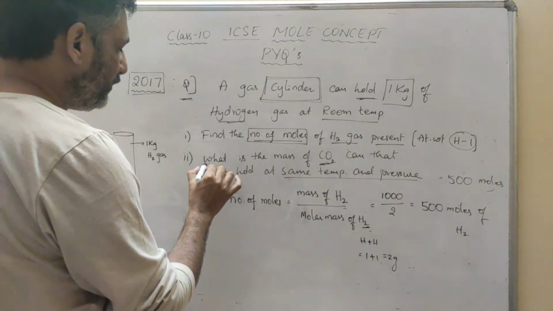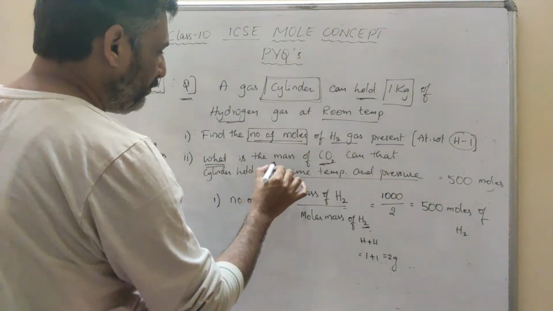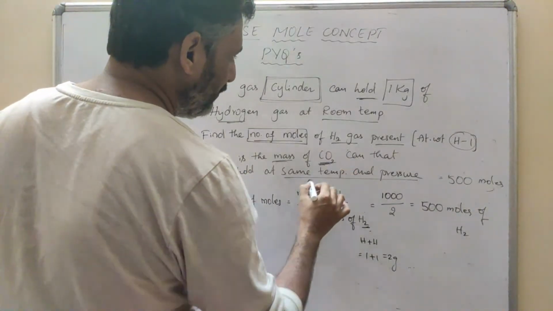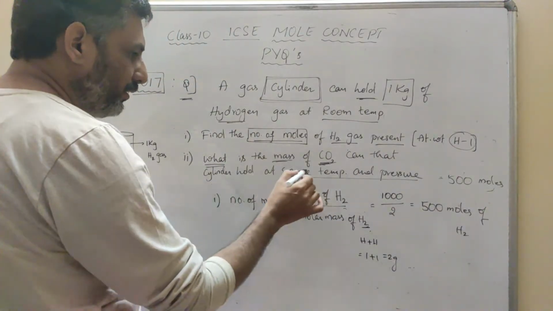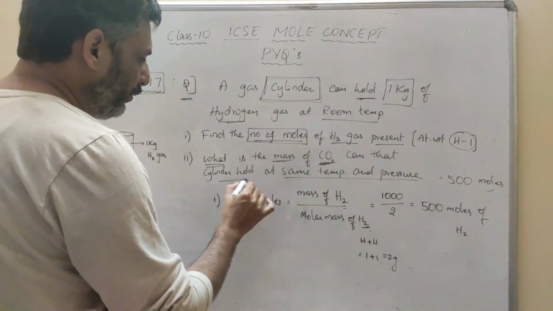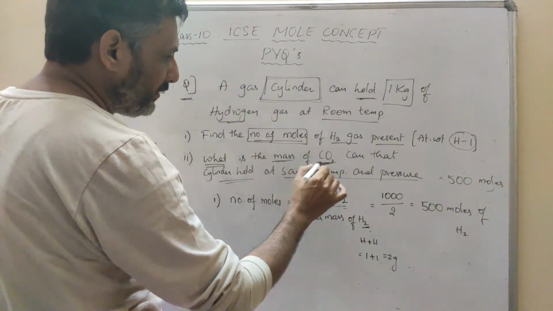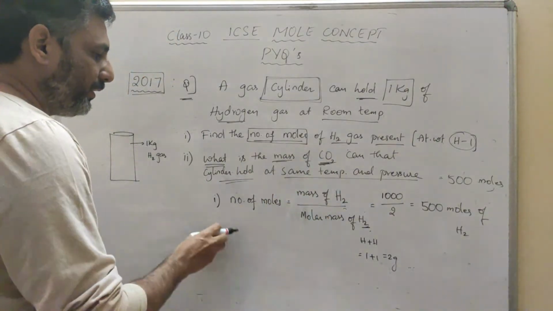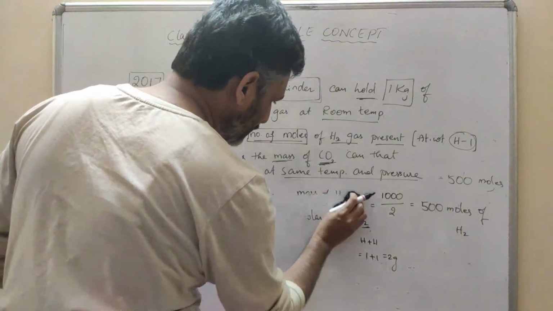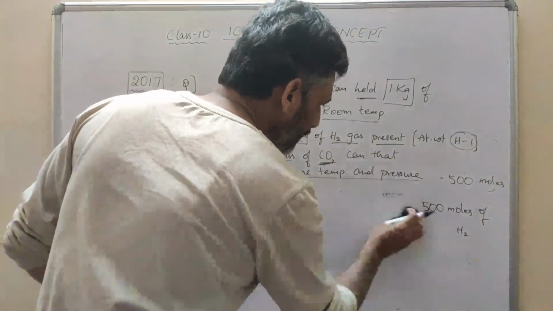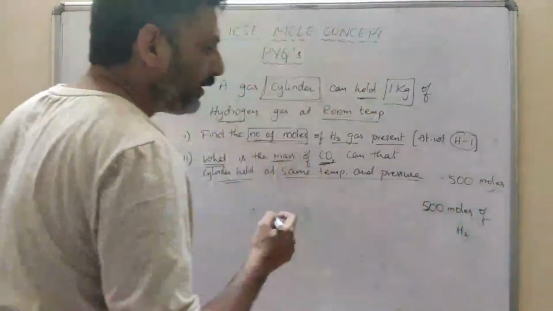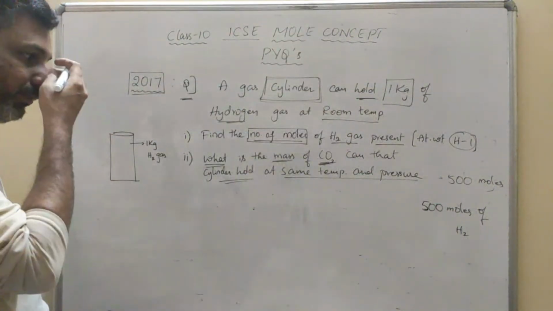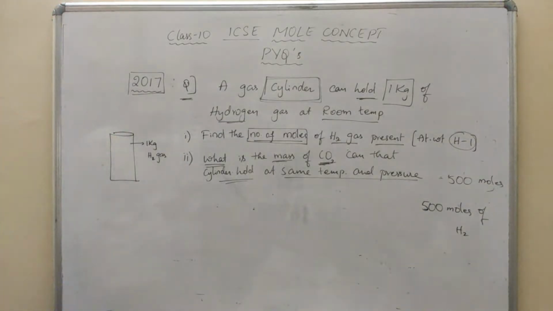Now in the second bit, you are supposed to find what is the mass of carbon dioxide that the cylinder can hold at the same temperature and pressure. Means under similar conditions in that same cylinder, if you take carbon dioxide, then what will be the mass of that carbon dioxide?